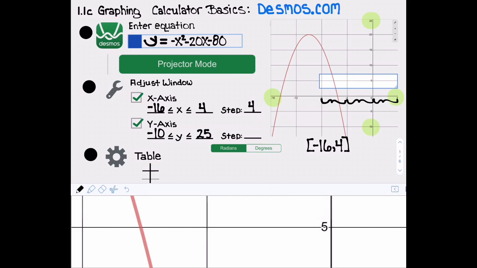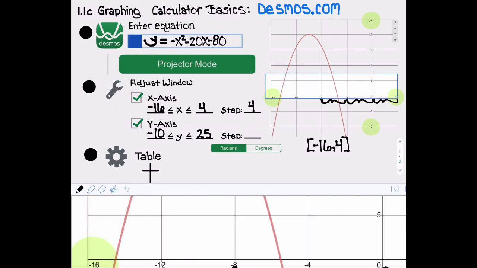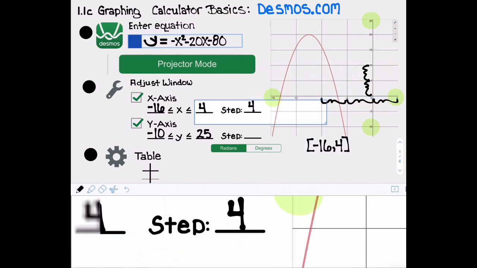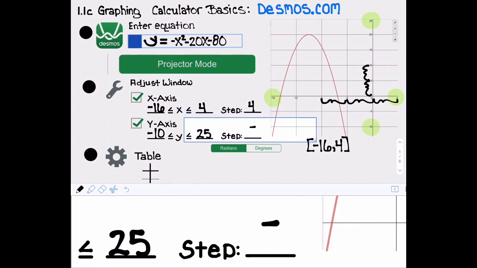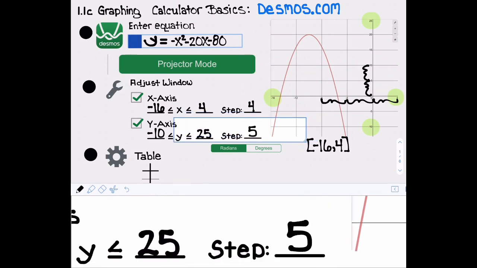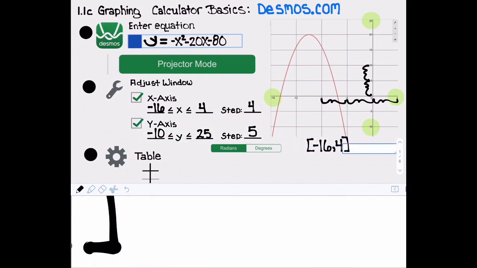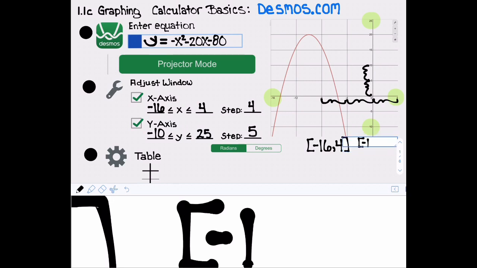The distance between our numbers, that's what we're counting by. So we're counting by 5. So our step here is 5. But the notation for the lower bound to the upper bound on the y-axis, we would see -10 to 25.